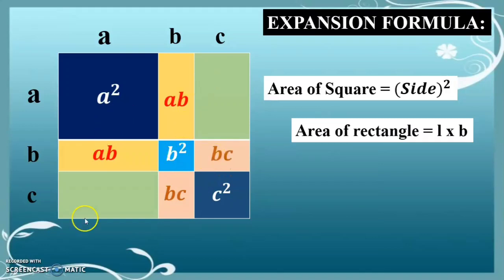And we have one more rectangle whose area is the same, where the length is equal to a and breadth is equal to c. So we will get the area of this rectangle as ac. So now, what can we say about the area of the bigger square?